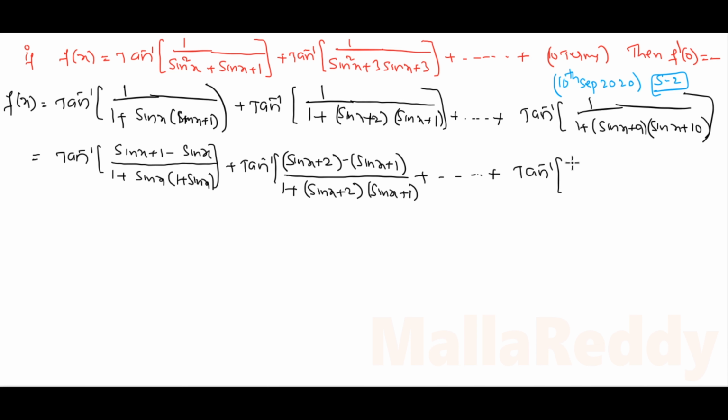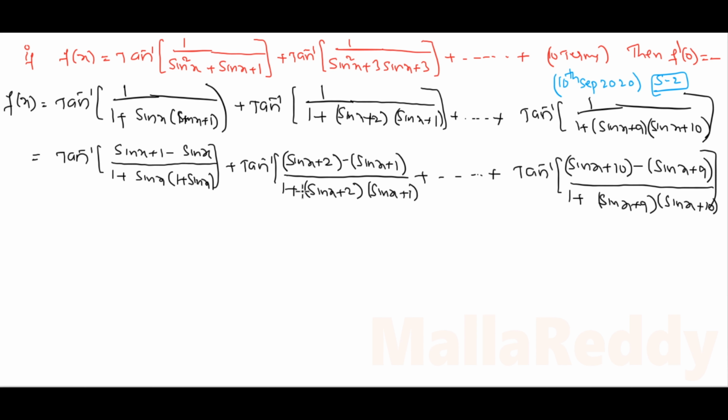Similarly, this one is also written as sin x plus 10 minus sin x plus 9 by 1 plus sin x plus 9 into sin x plus 10.